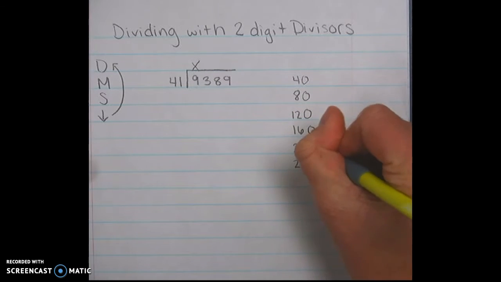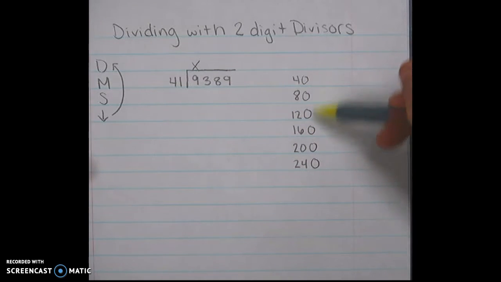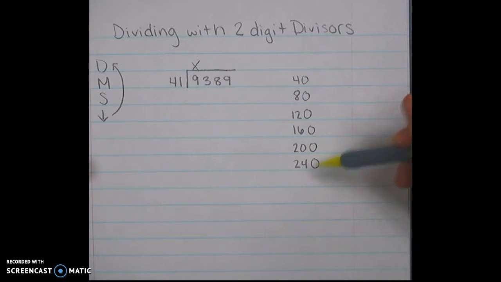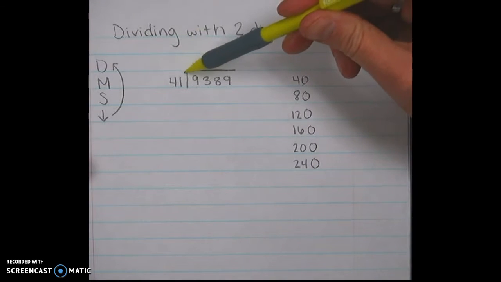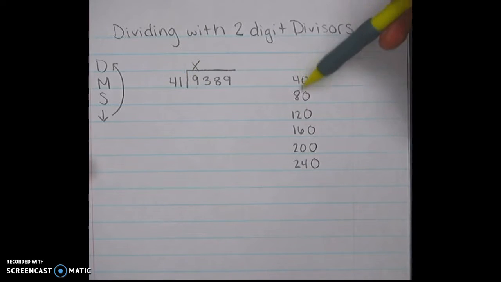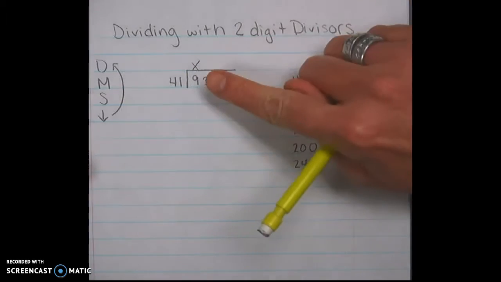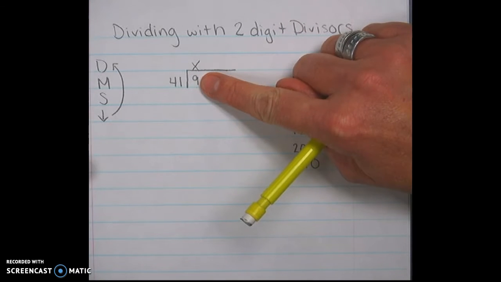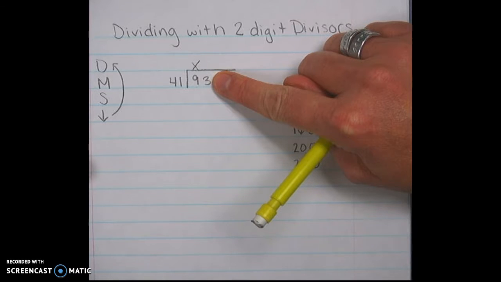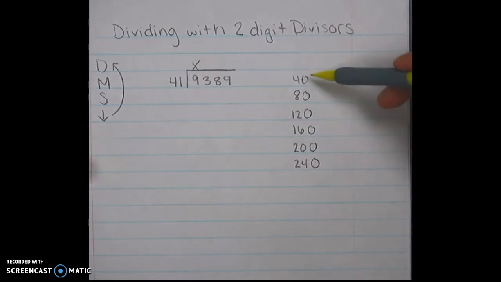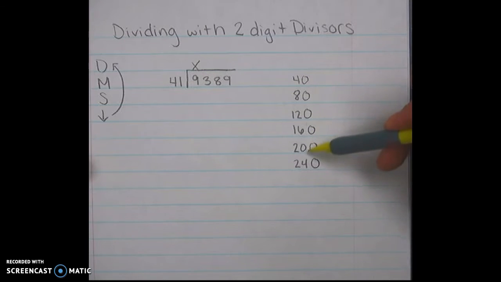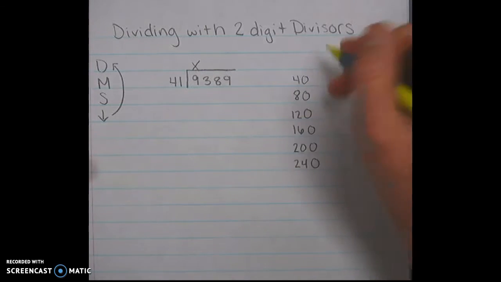Now the purpose of this actually is just to give you an idea of where to go. So if I did round this to 40, this would be our 40s. So then I can ask myself, we know already that 41 does not go into 9, but it will go into 93. Now, we have to see, where does 93 fall in this line of numbers?